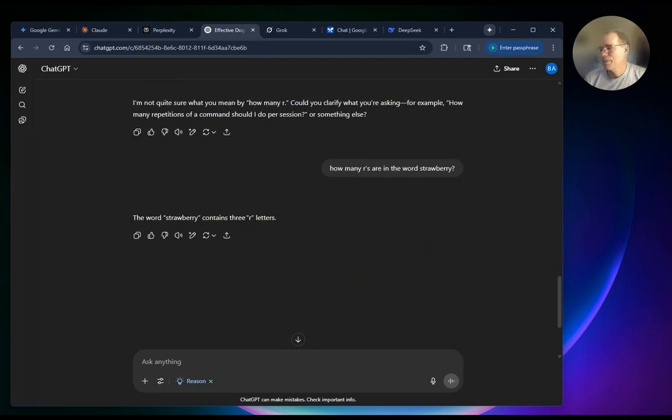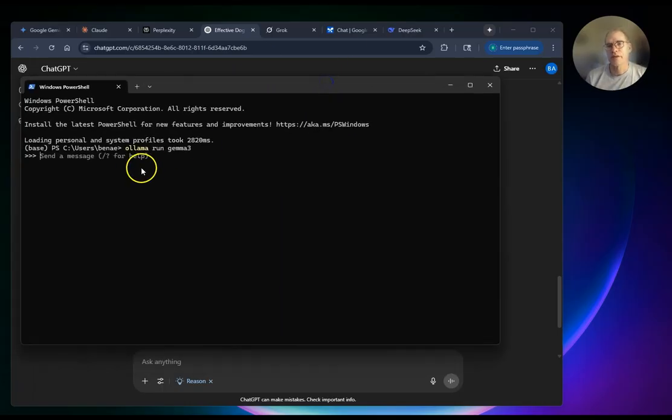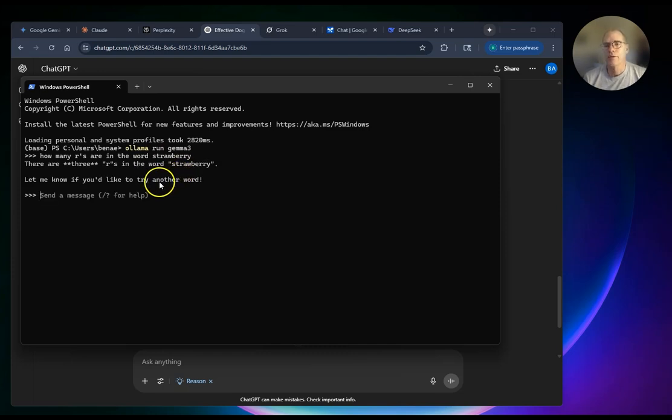If I were to go back to that model that I downloaded onto my computer, which is one of the older ones, it was called Gemma 3. Let's see what it says. How many R's are in the word strawberry? There are 3 R's. Oh, wow. It knows the answer. That's awesome.